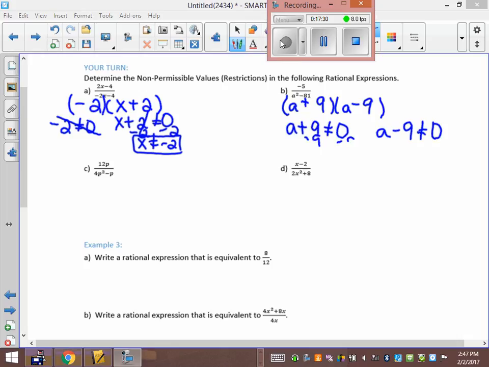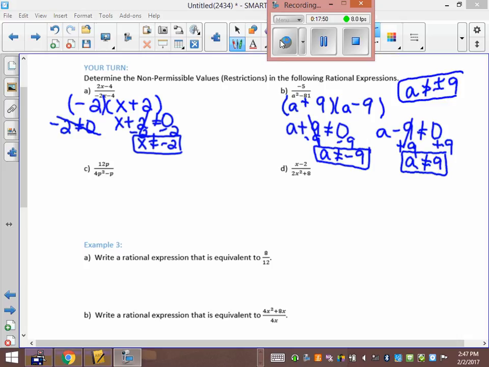Subtract the 9. a can't equal negative 9. And to get rid of the negative 9, you add 9. a can't equal 9. So you get a can't equal plus or minus 9.